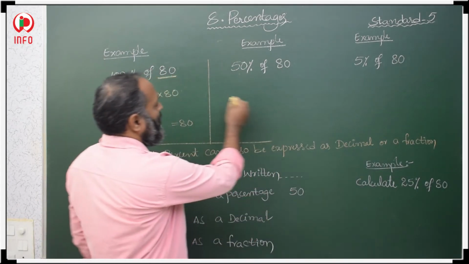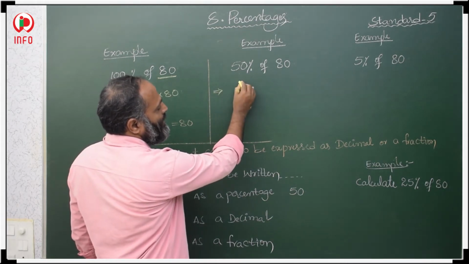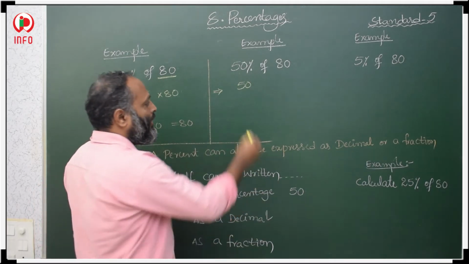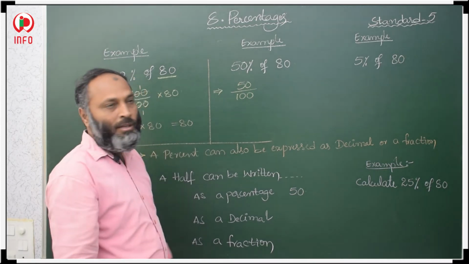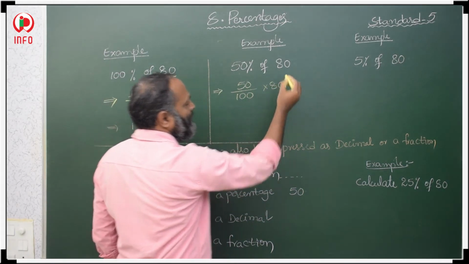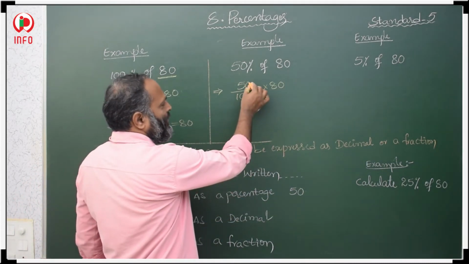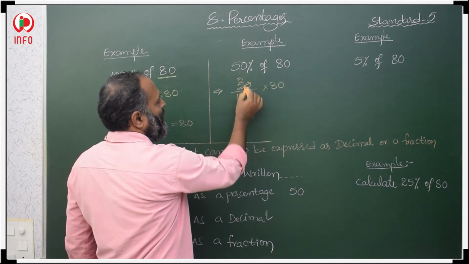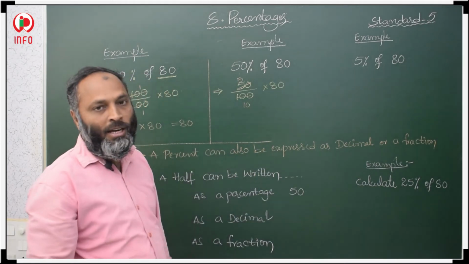First, we have to take the given percentage, 50, by the total percentage, 100, into the number of grids, 80. Now, 10 fives are 50, 10 tens are 100.